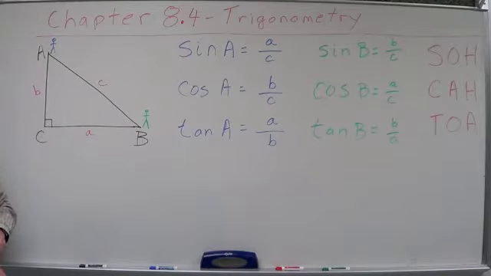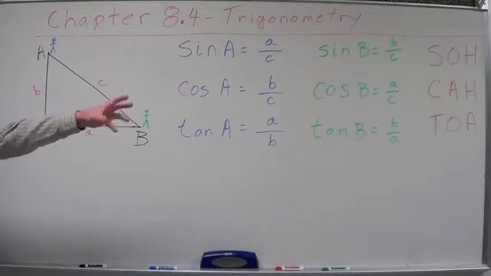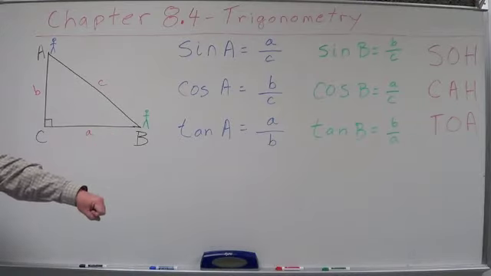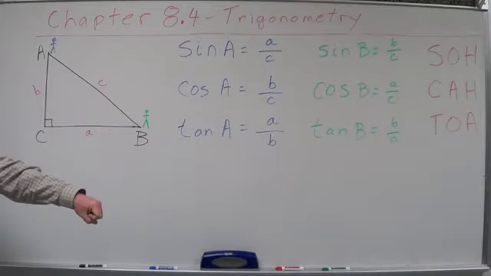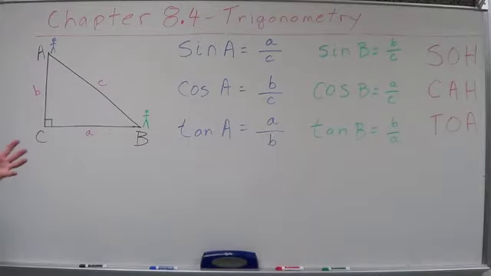And what do you see? Well, if you're standing there and you're looking across, the side you see across from you is little a. The side you got here on your right hand is going to be little b, and the side you got in your left hand is going to be the hypotenuse. Okay? Just get yourself figuratively into the picture so that you can see what's going on.